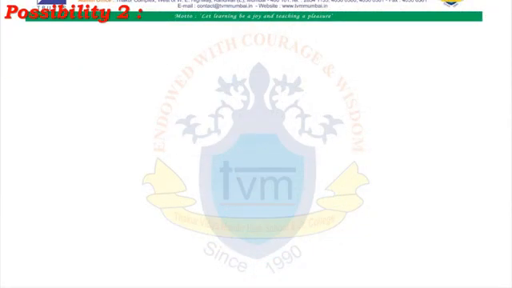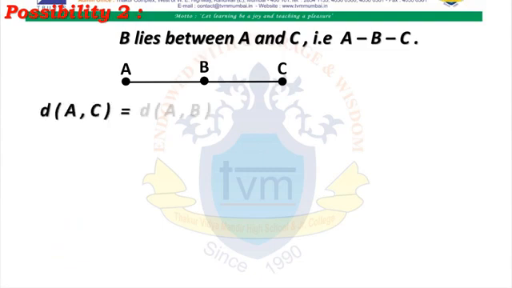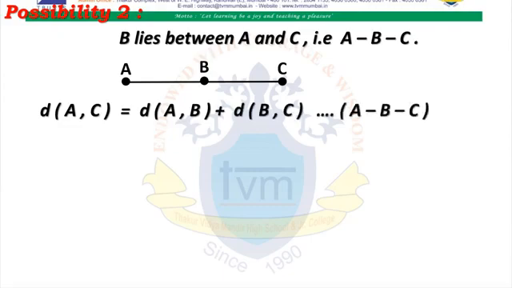Now here we have possibility number 2, when B lies between A and C, that means A-B-C. In this case, distance AB plus distance BC equals distance AC. So distance AC equals distance AB plus distance BC, since B is between A and C. Now we'll substitute distance AC as 10 and distance BC as 8.